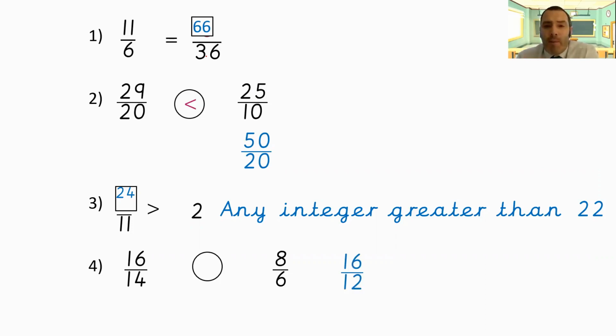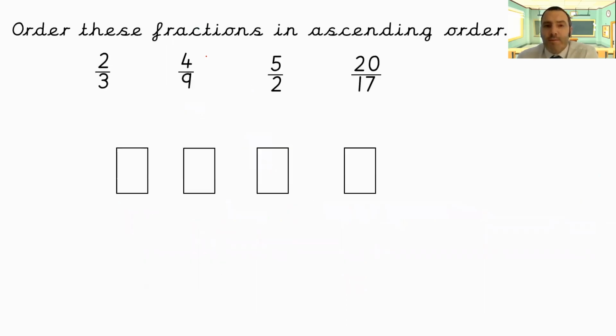And what I need to remember here is where the numerators are equal, the larger the denominator, the smaller the fraction. 12 is smaller than 14, therefore 14 is a smaller fraction. So 16/14 is less than 8/6.